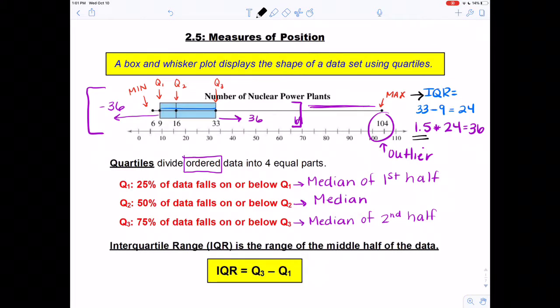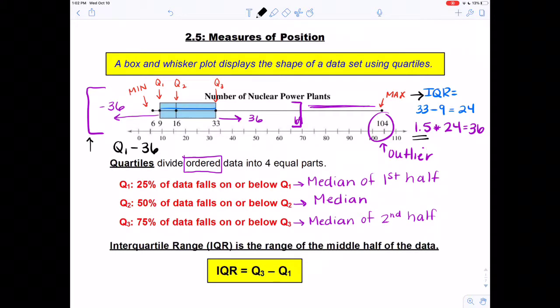Then notice what I did with that. I subtracted that value of 36 from Q1, and again that's going to put me down here in negative numbers, and I'm not going to have anything that goes past that fence because the lowest value here was 6.